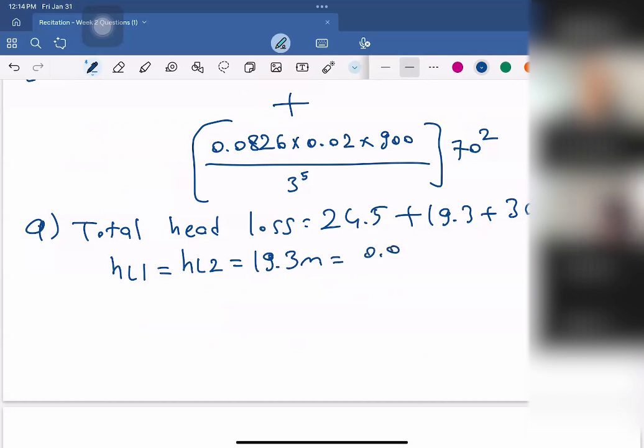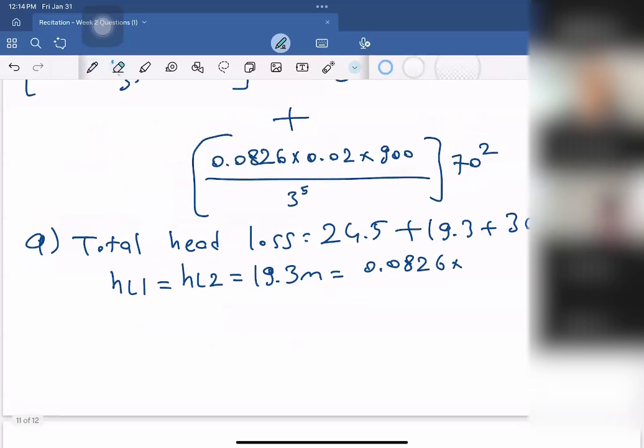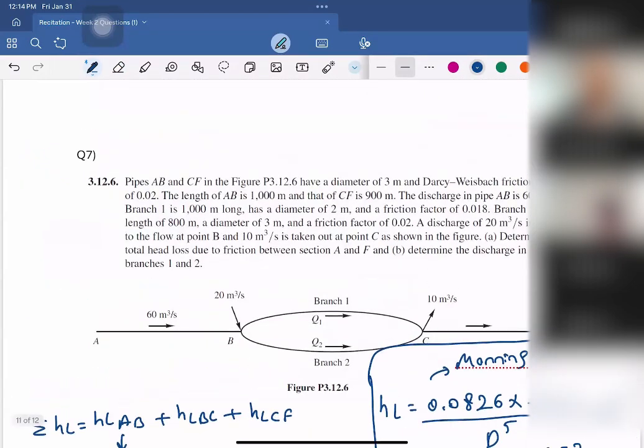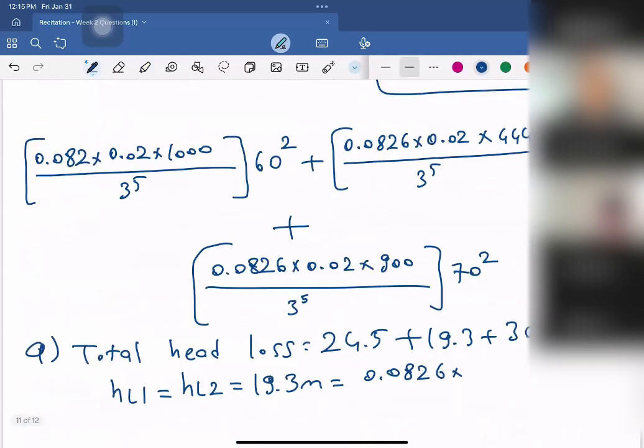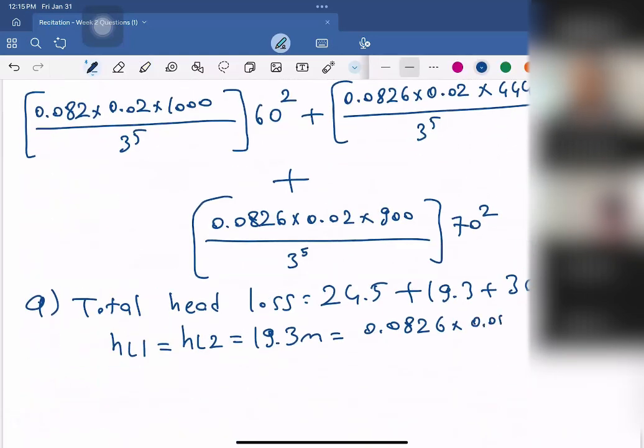Which is equal to 0. Let's find the friction factor for branch 1. Yes, they are 0.018 and 0.02. Of course, this is equal to Q1 squared.